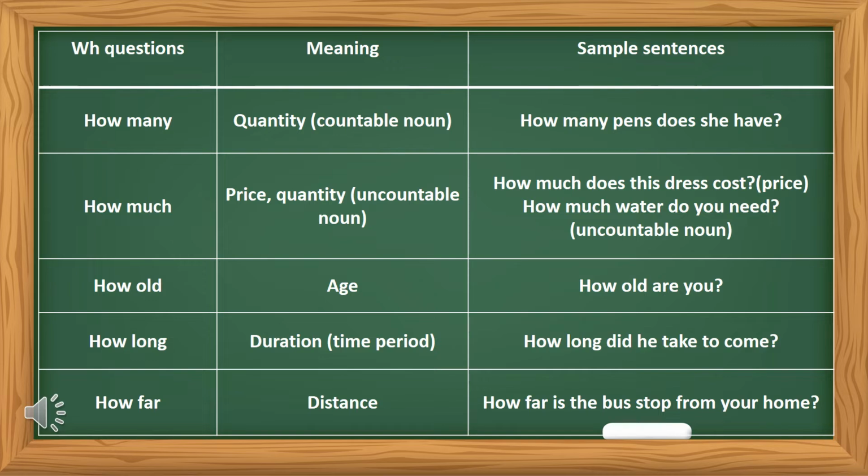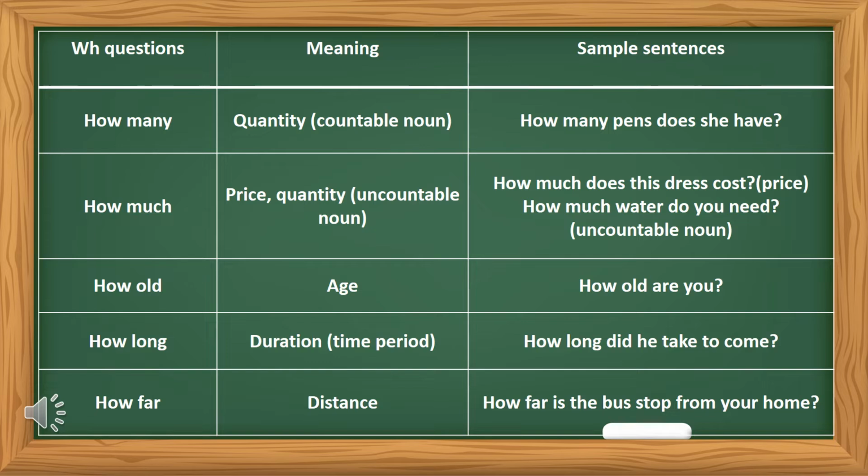First of all, we can see how many. How many is used when we want to know the quantity of something. It is only used with plural countable nouns. For example, here is asked how many pens does she have? So we can see it asked about the plural countable nouns.